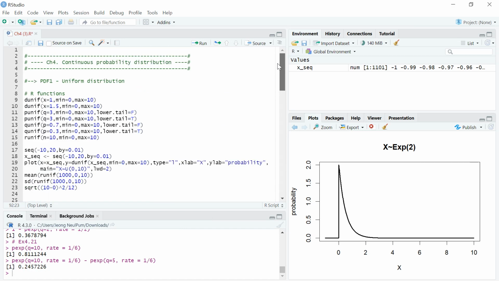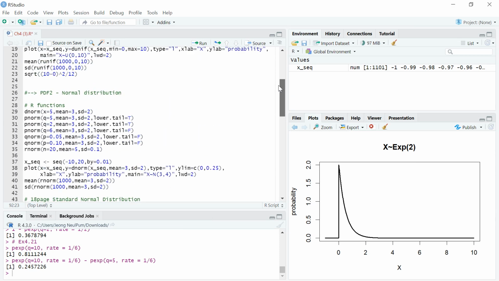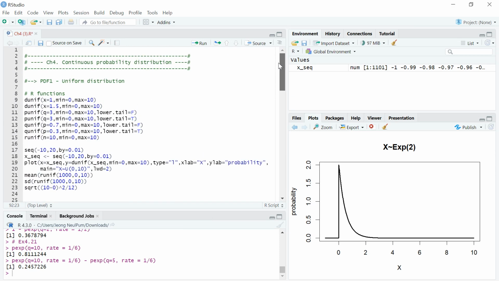So I think there will be no difficulty in understanding all the material for today's lesson if you are familiar with using the same functions from last week. We are dealing with the same kinds of functions for each distribution, and the only difference is whether we are dealing with a continuous distribution or discrete random variables.